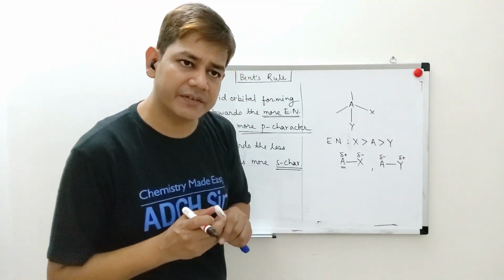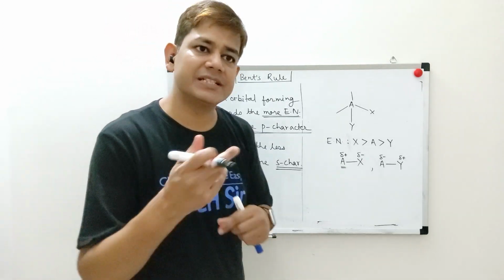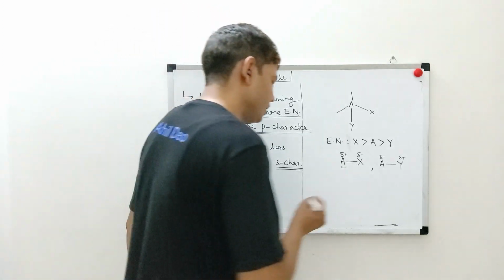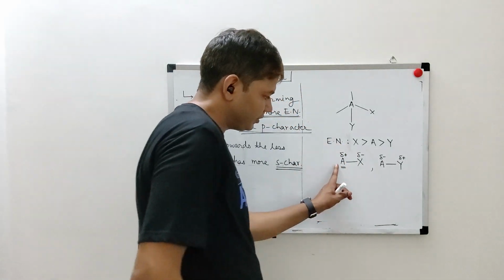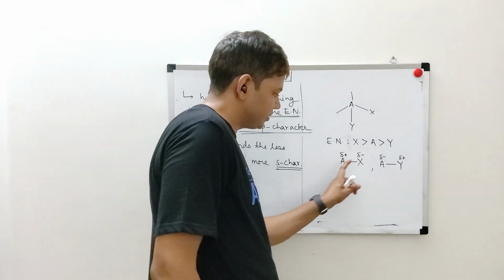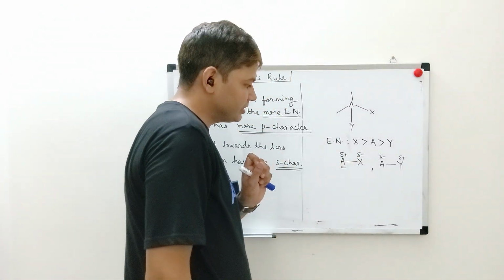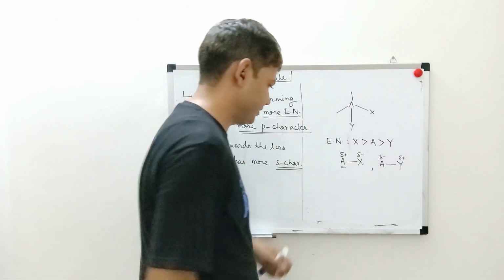Hybridization with lower electronegativity means hybridization with less percentage s character and more p character. To stabilize this delta positive charge, a hybrid orbital on this atom towards the halogen, towards this element, will have more p character.